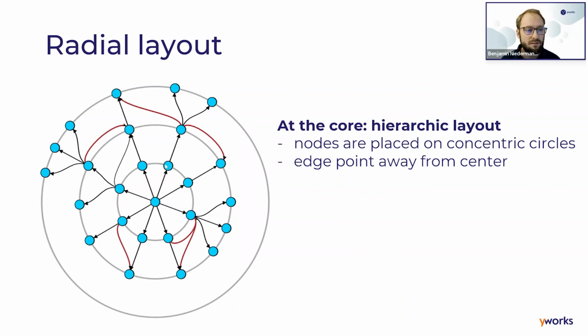So they do not directly point away from the center of this graph. Indeed, in our algorithms, we try to maximize the number of edges that point away from the center and minimize the edges that, for example, connect nodes on the same circle or nodes that are not aligned radially.